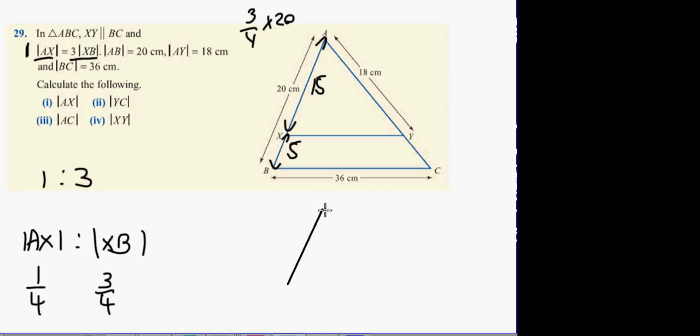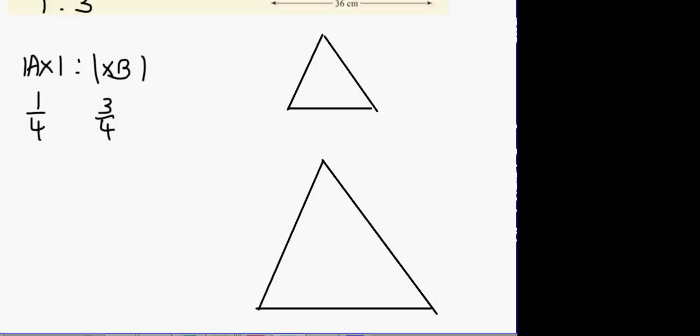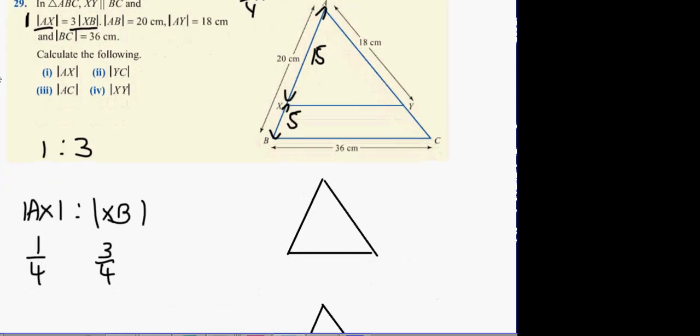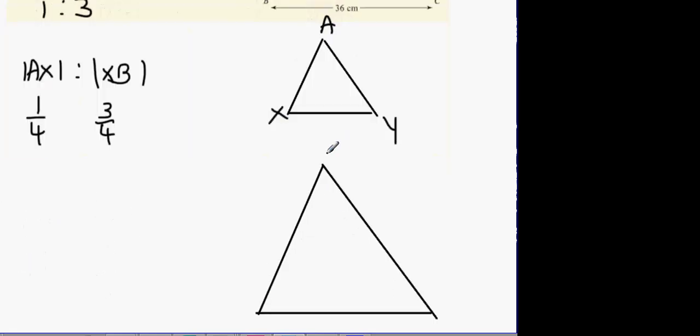Do what we always do with these. Draw the small triangle out first, and then draw the big triangle. Does it ask me to prove why they're similar? No, it doesn't this time, which is a good thing. AXY, and then ABC.